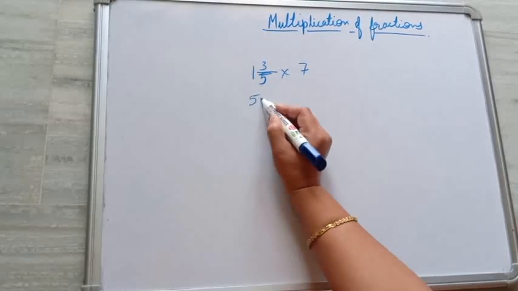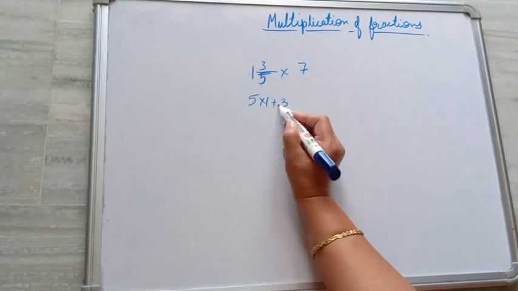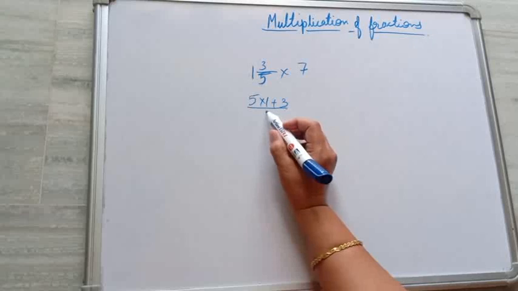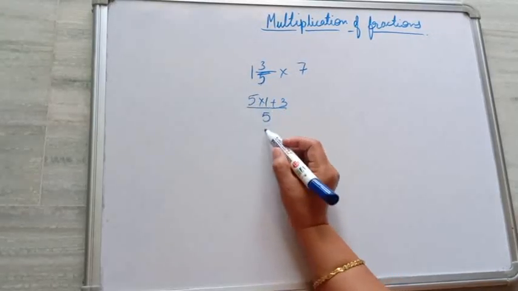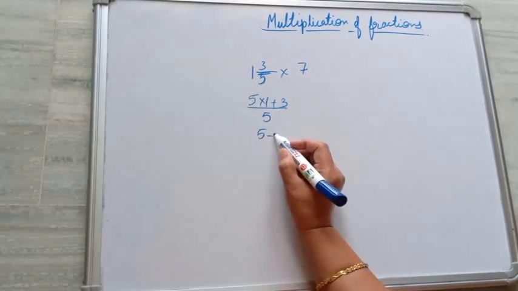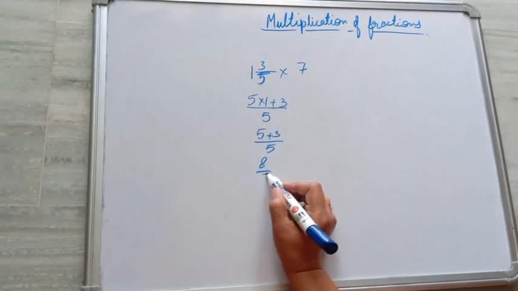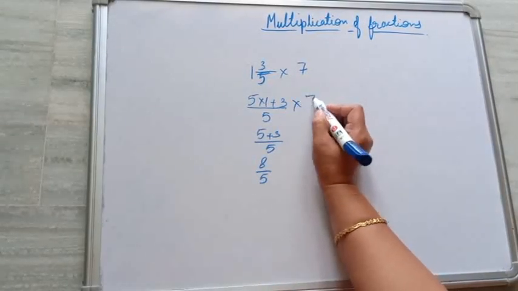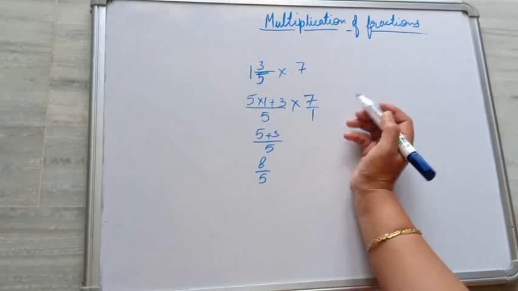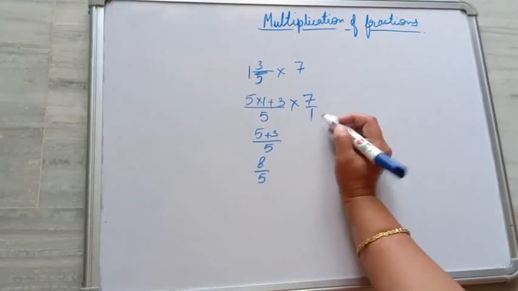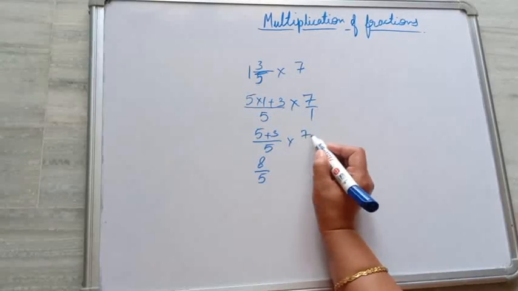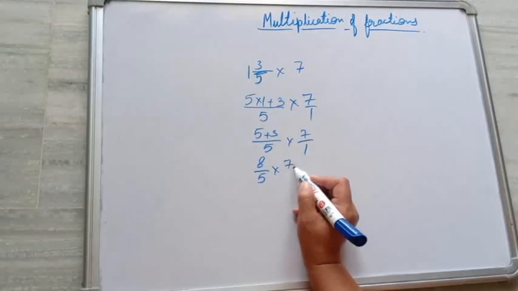So 5 multiplied by 1 plus 3, and the denominator is written as it is, that is 5. 5 1s are 5 plus 3 upon 5, so it will be 8 upon 5. And 7 can be written as 7 upon 1. When there is nothing in the denominator, you can write 1.